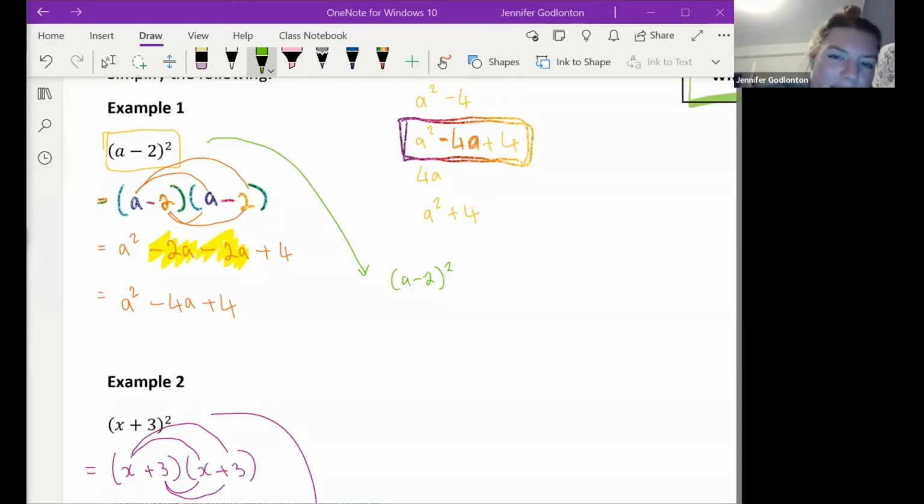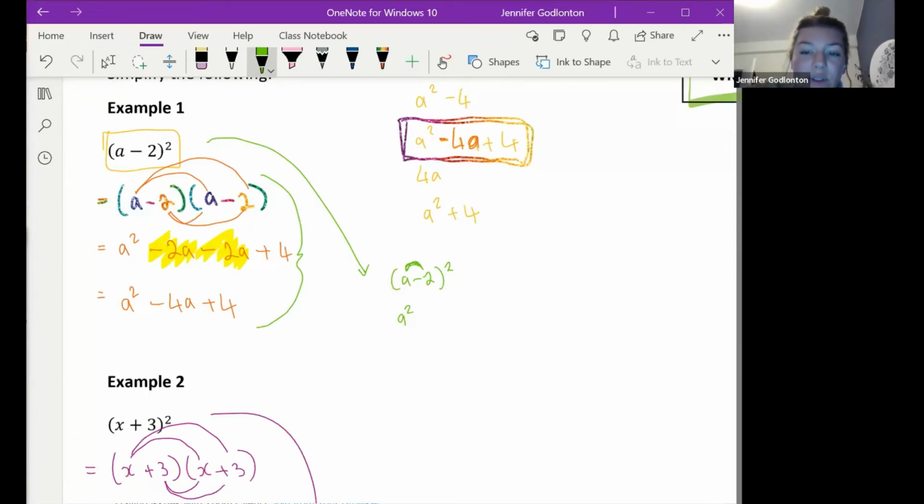So when we have a bracket like this and we're squaring it, if we want to write it out twice, we absolutely can, and we are always guaranteed to get the right answer, so we don't have to stress. If we want to do it the quick way, we square the first term, we double the product, so product means multiply, so we say a times negative 2, and then we double it.